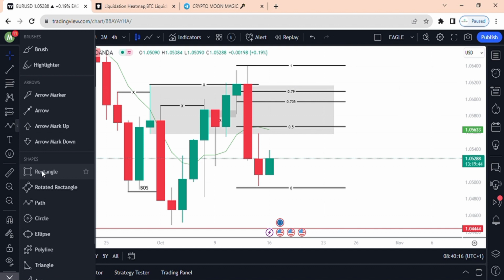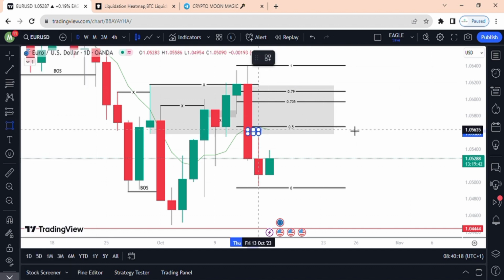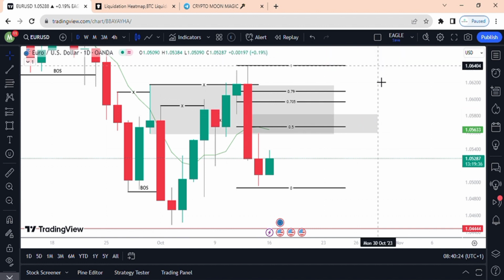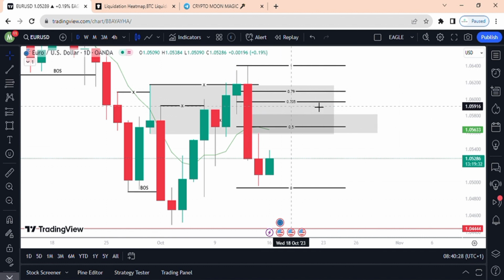This fair value gap is very important when you come to analyzing the market, because you can use this fair value gap as your entry point. Since you already have your zone, remember you are going to pick your entry within the premium level.